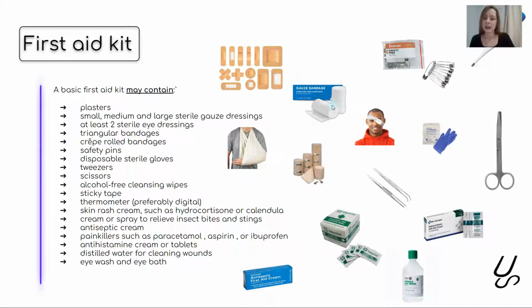At least there can be 2 sterile eye dressings, triangular bandages, crepe-rolled bandages, some safety pins, tweezers, disposable sterile gloves, scissors, alcohol-free cleansing wipes, some sticky tape, thermometer, and preferably it should be digital thermometer.